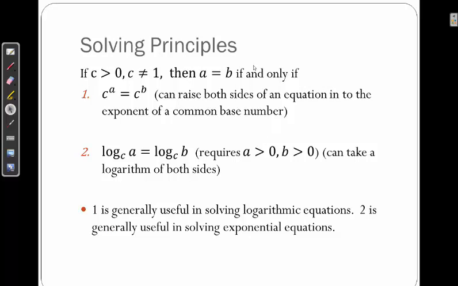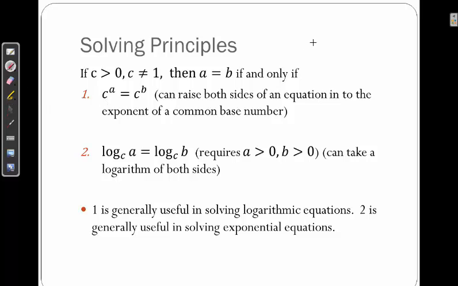Then, the only really two new bits of theory we'll be using is this information. It's just two new solving principles. So A equals B, if and only if, can do two new things. You can raise both sides into the exponent of the same base.